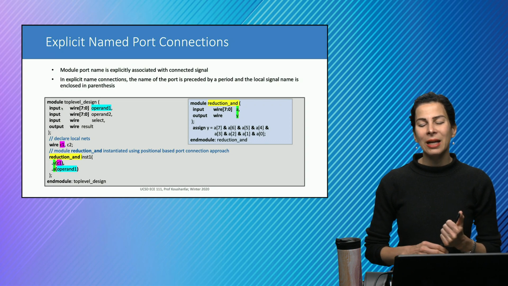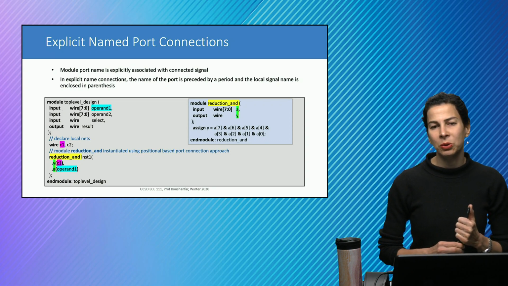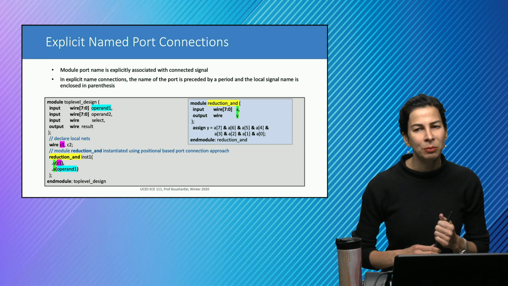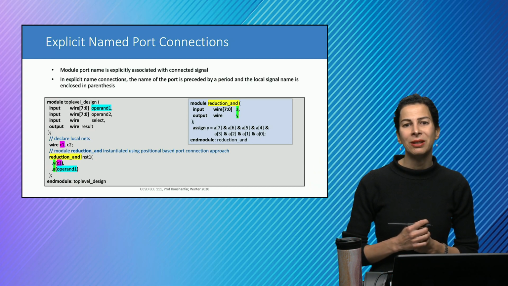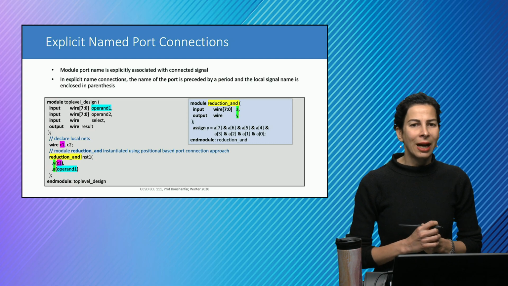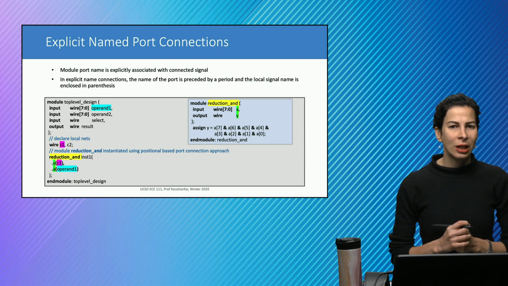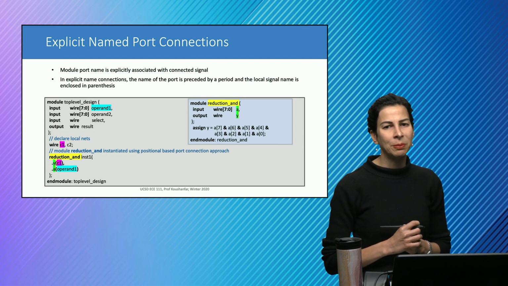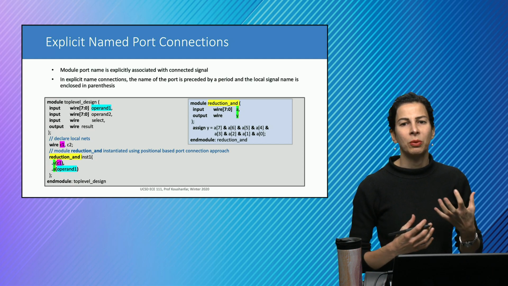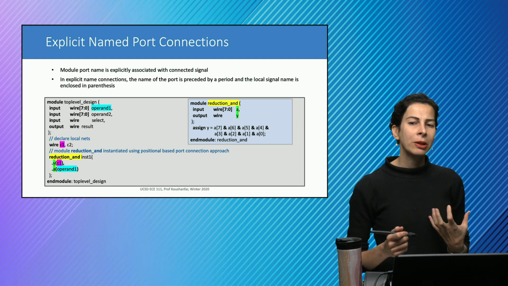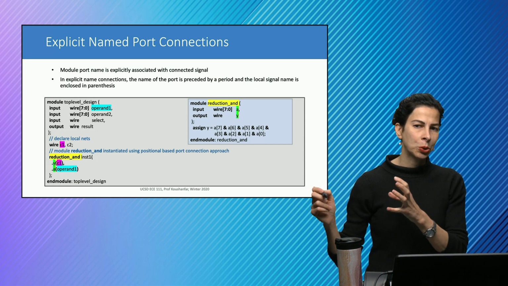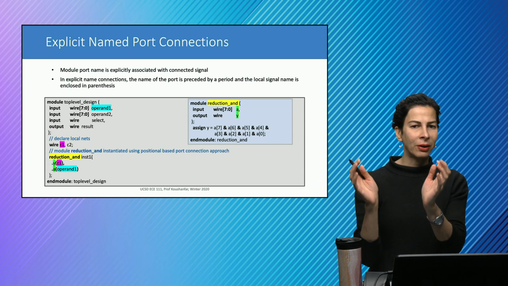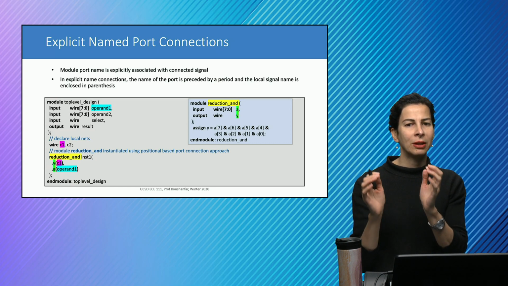So a better way to do this, and a more professional way, especially if you're writing a big program, is to do explicit named port connection. In explicit named port connection, the module port is explicitly associated with the connected signal, and the way we do that is we put a dot and the name of the original module's signal, and in parentheses we put the signal that we are passing.